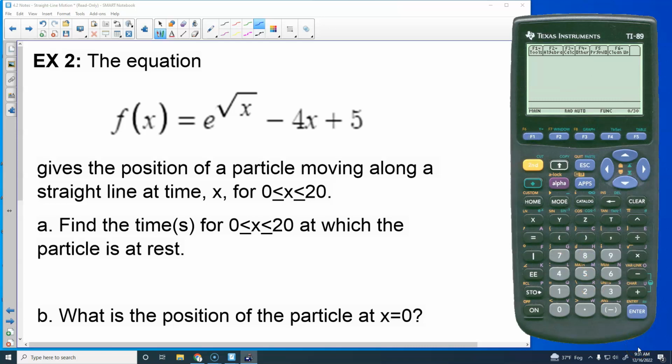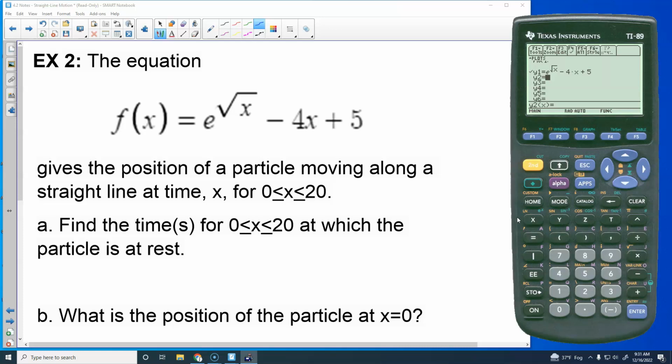All right, so if we do e to the more complicated equation here.